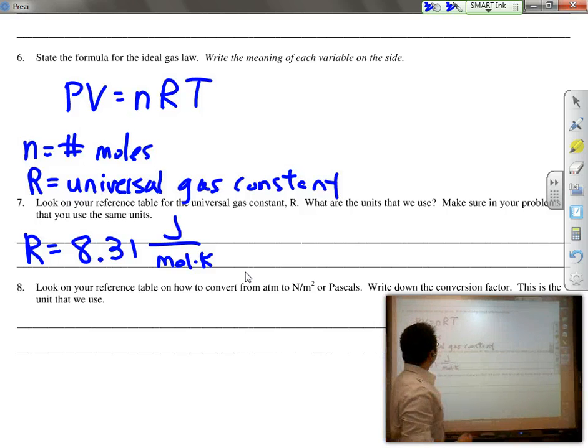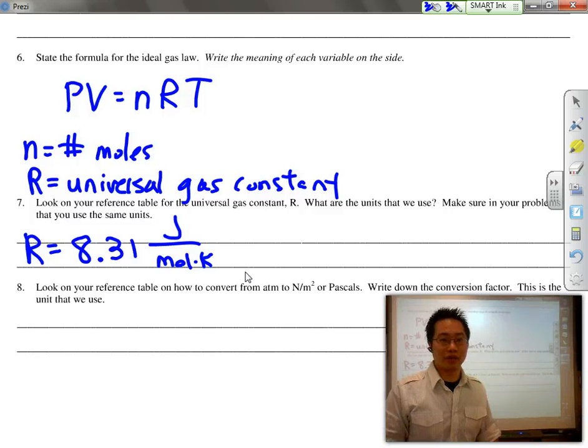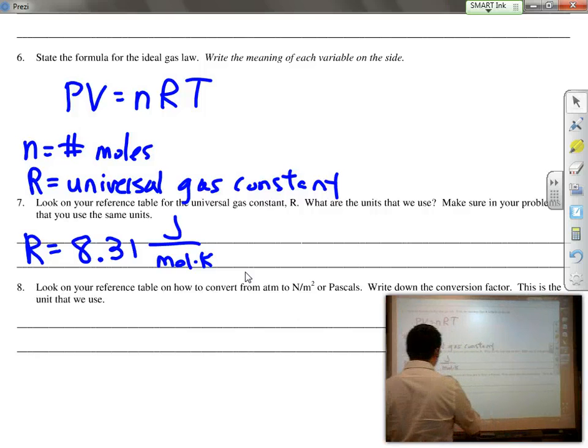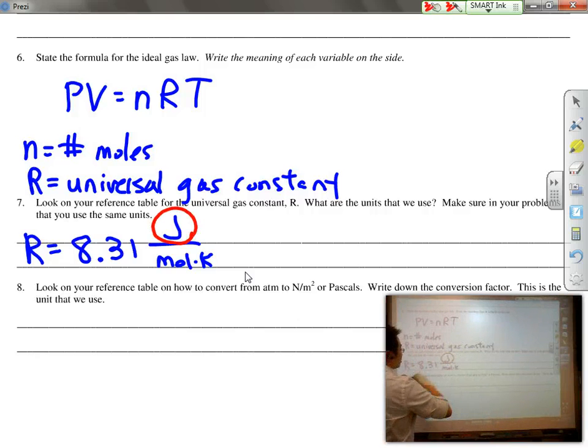Okay? So when you're using the ideal gas law, you have to make sure your units are in their proper form. Because we are dealing with joules, we are dealing with kinematics units. So pressure, of course, is going to be measured in newtons per meter squared.